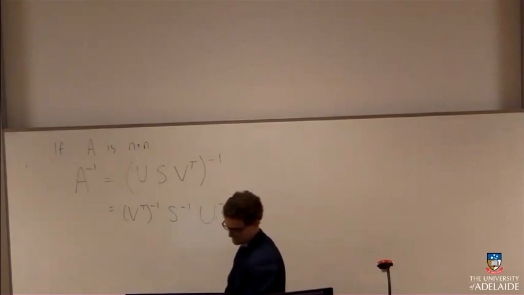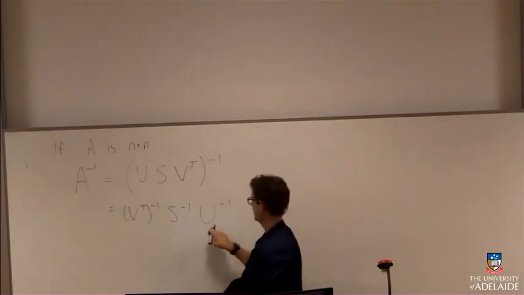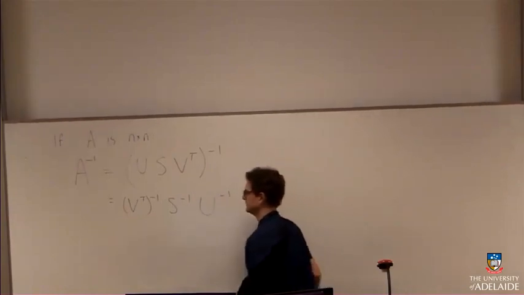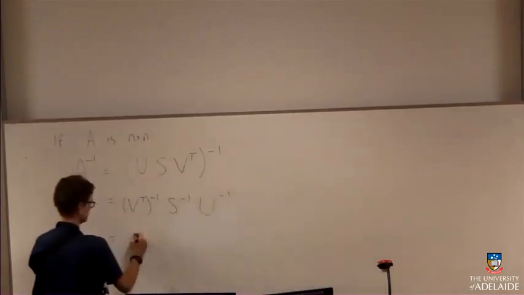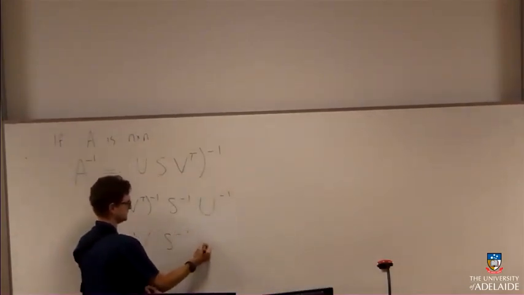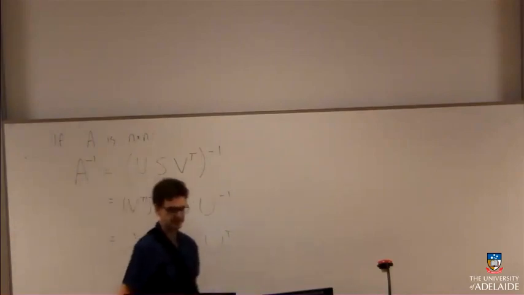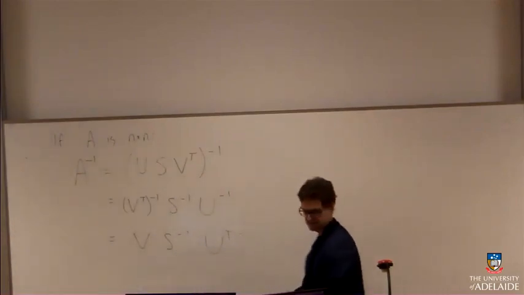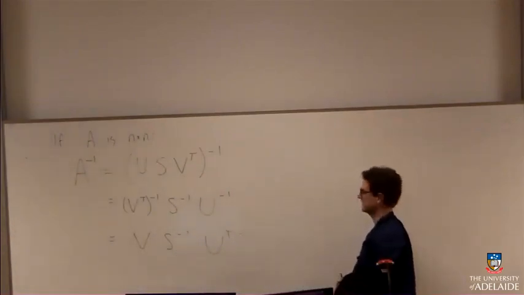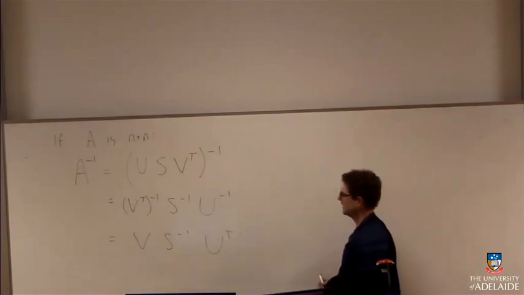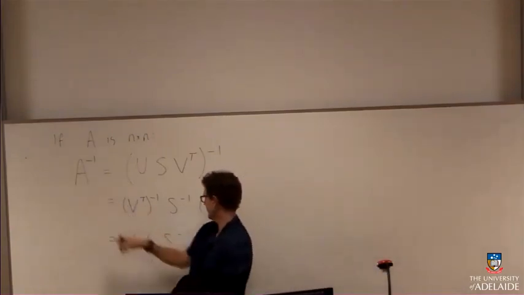As U and V are orthogonal matrices, the inverse of U is just U transpose, and the inverse of V transpose is just V. So you can write the inverse of A as just this.